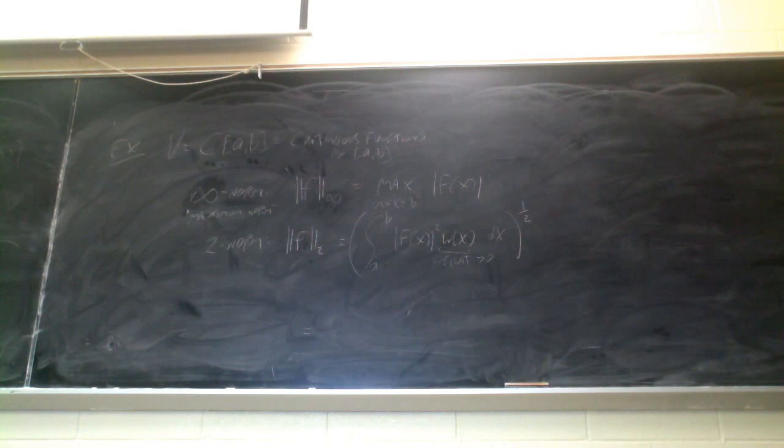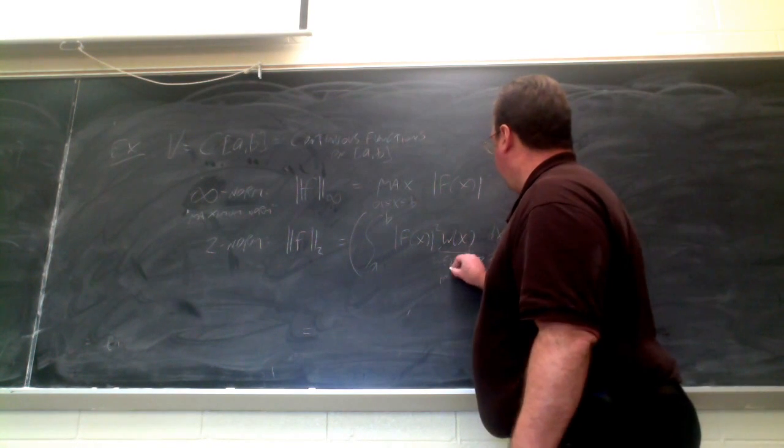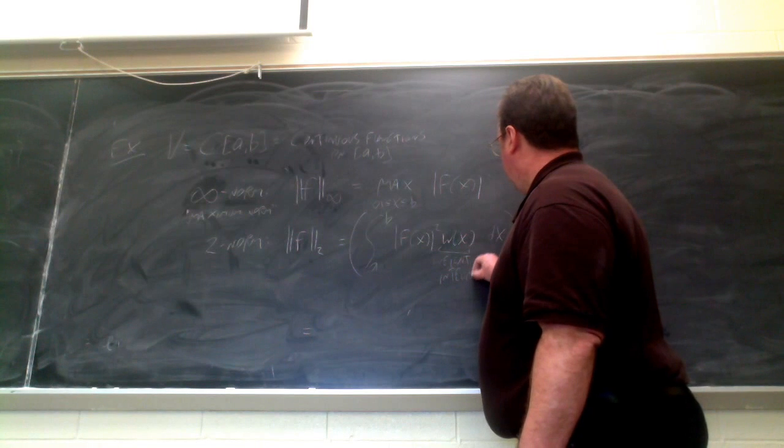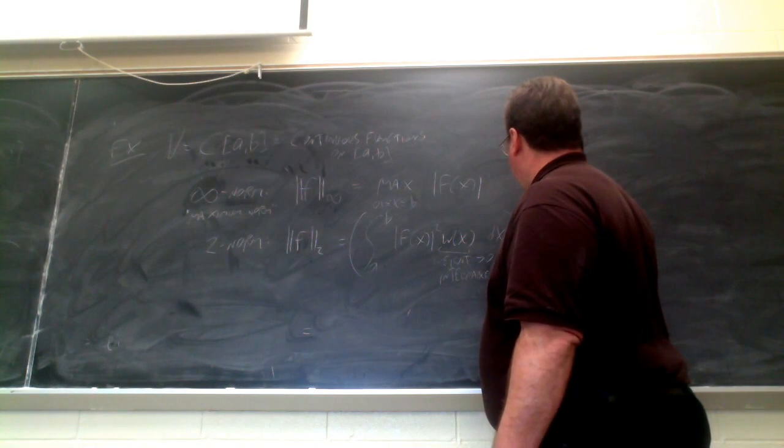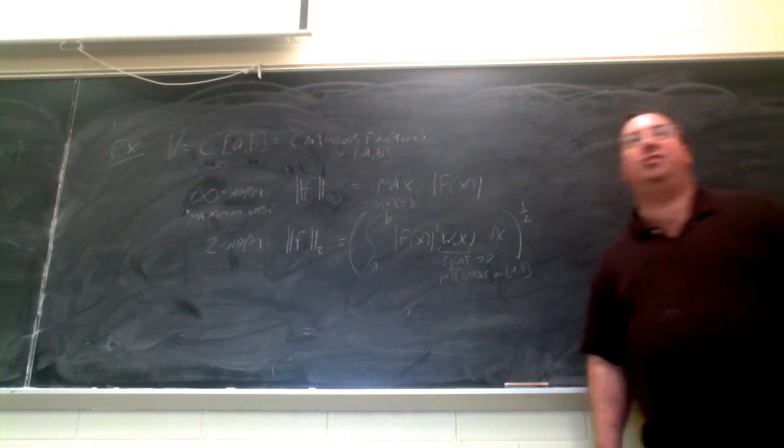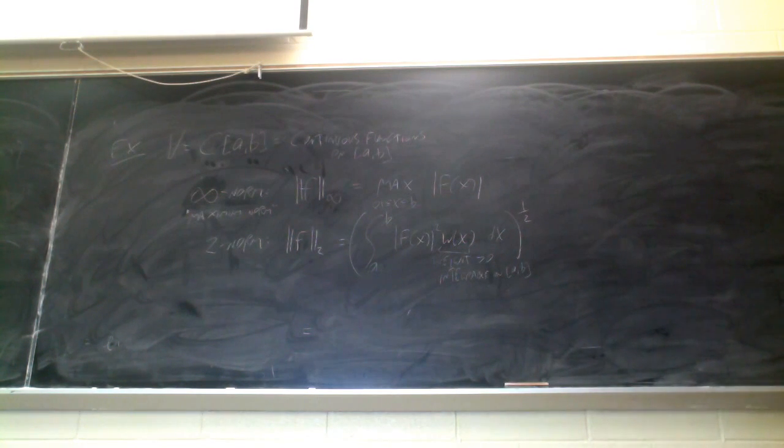Okay, so this is another way to describe a norm. Now, one thing that's kind of nice is the weight has to be positive and at least has to be integrable on AB. And this leads to some interesting choices. Like you could use a weight function that's actually undefined at the endpoints A, B. Like on the interval -1 to 1, you use 1 over the square root of 1 minus x squared.